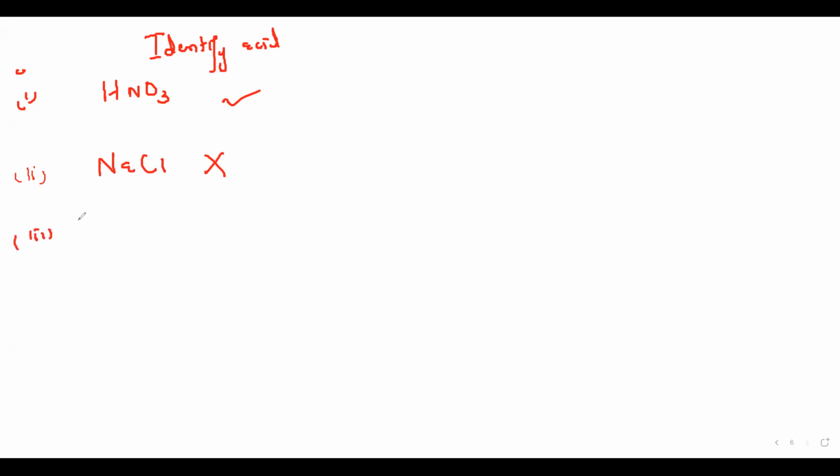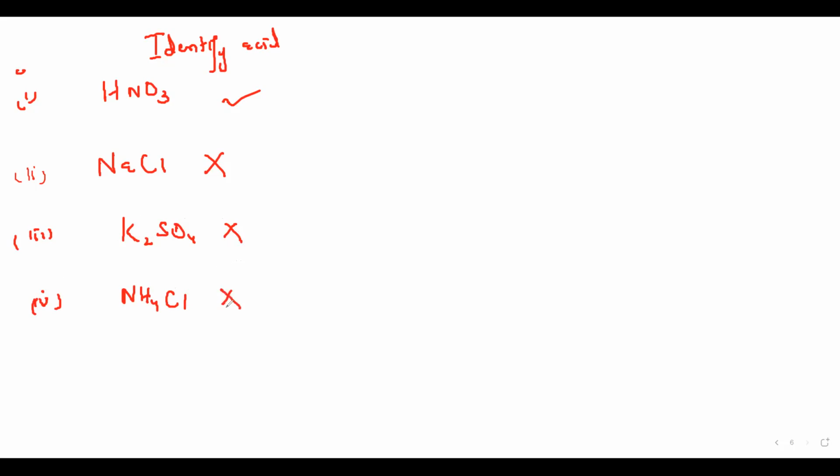Then the third one, K2SO4. Is this an acid? No, it's not an acid because there is no hydrogen. NH4Cl. Is this an acid? It should start with hydrogen. So it's not starting with hydrogen, it's starting with nitrogen.